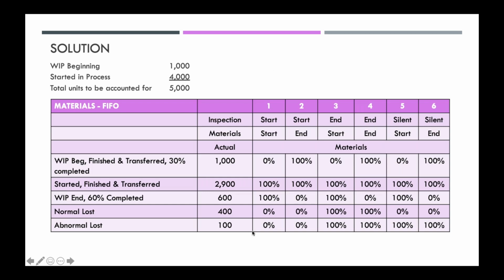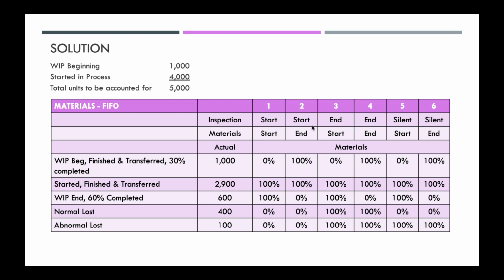Okay, here's the solution. Like I've said, 1,000 yung beginning, started in process is 4,000. We are accounting for 5,000 units. So, sa scenario number 1, inspection is at the start of the process and materials is added at the start of the process.